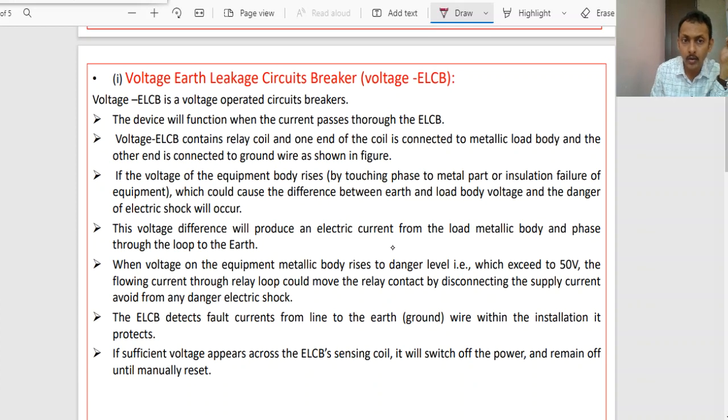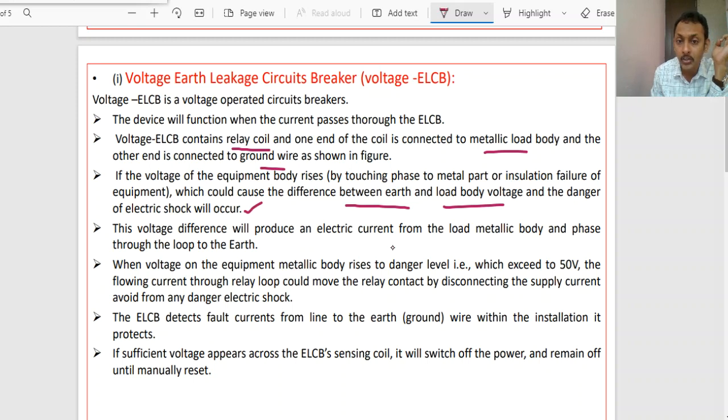So here it contains a relay coil, and one end of the relay coil will be connected to the metal body as I told you, and the other end will be connected to the ground wire, as I have just shown in the figure, right? If the voltage of the equipment body rises, it will cause a difference between the earth and the load body voltage. If there is any voltage difference between the earth and the load body, that voltage difference will lead to a dangerous electric shock, right?